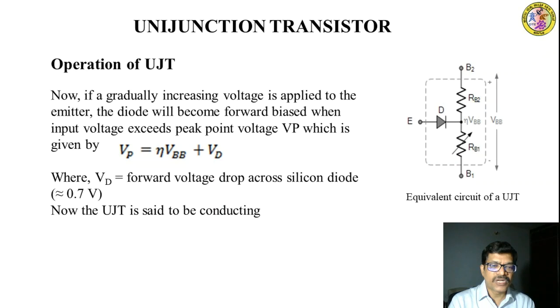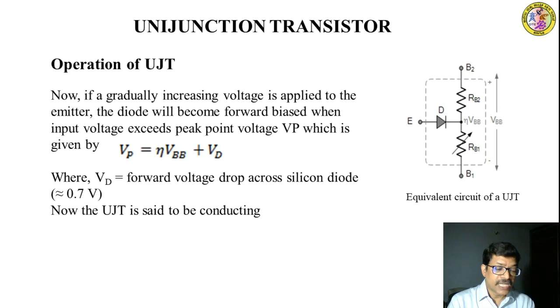When input voltage exceeds peak point voltage Vp, which is given by Vp is equal to eta into VBB plus Vd, where Vd is the forward voltage drop across silicon diode, and that is almost equal to 0.7 volts. So now the UJT is said to be conducting.